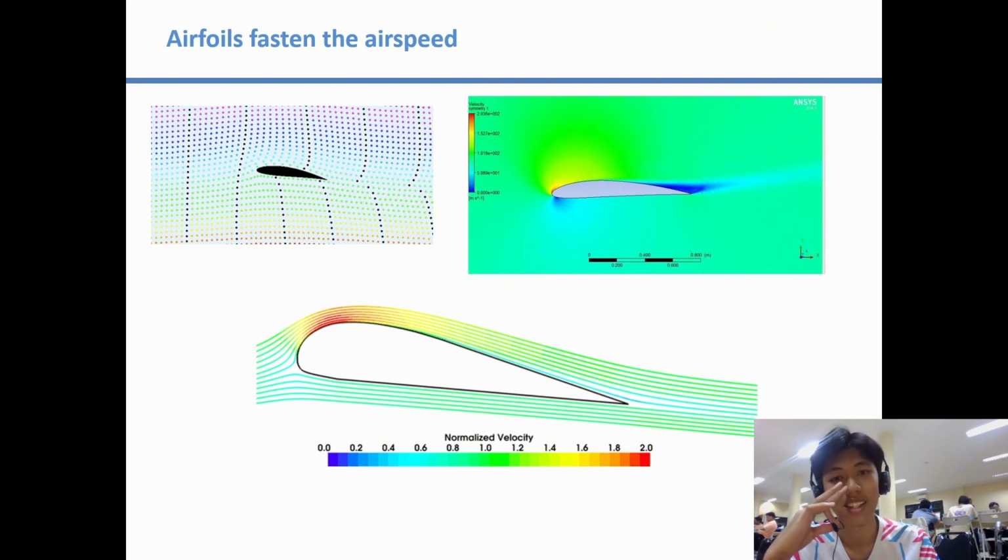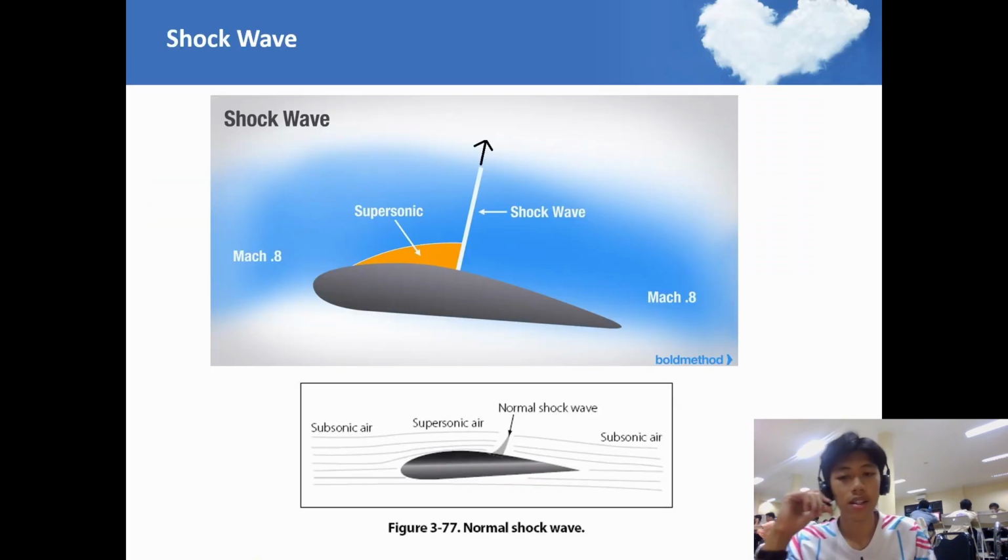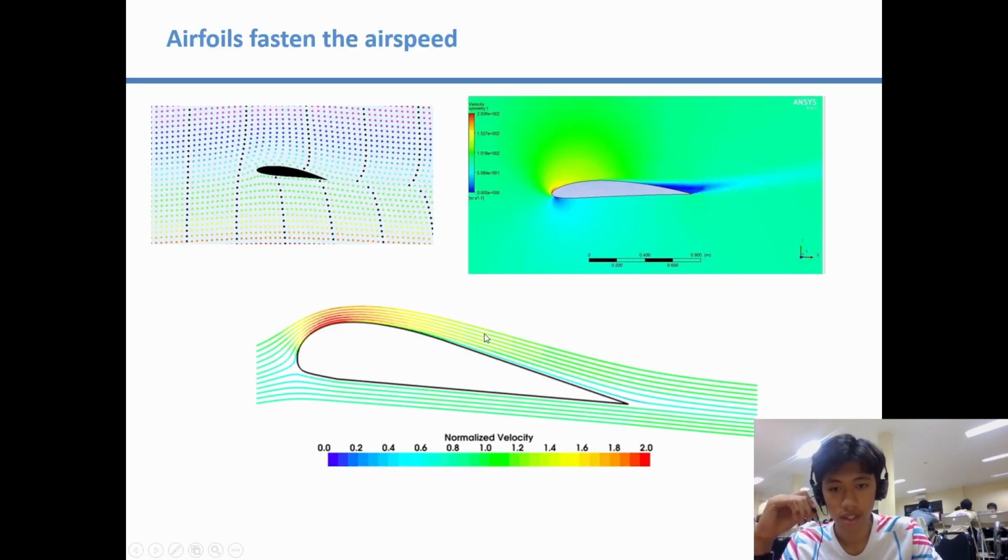It is logical to say that if we fly, for example, at 100 miles an hour, there will be some part of the wing that experiences an airspeed of more than 100 miles an hour, maybe 120 or 130 miles an hour. Let's look back at this picture.